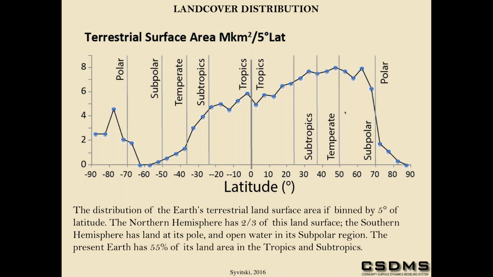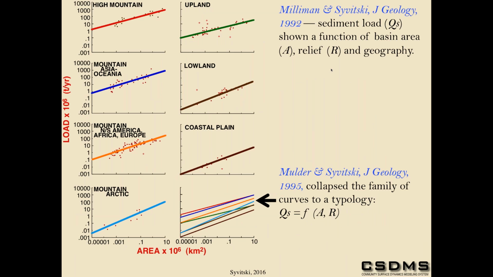In general, though, even in today's world, which is considered part of the ice house world of the Quaternary, you will notice that the greatest land surfaces are in the subtropic and tropical regions. They have 55% of the land surface, so in a sense, today's world is really a tropical or subtropical world, which we sometimes forget in that too many of us live up in the temperate regions of the northern hemisphere and think that's the rest of the world, and it's not.